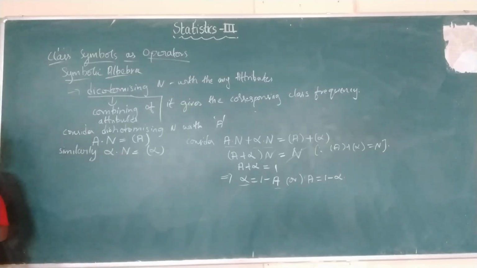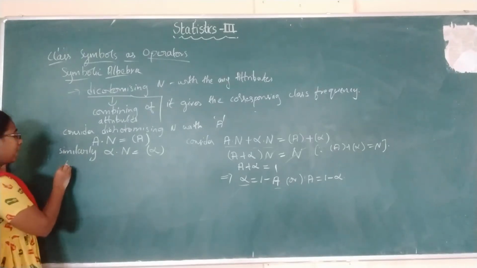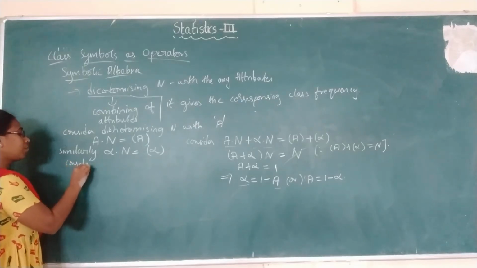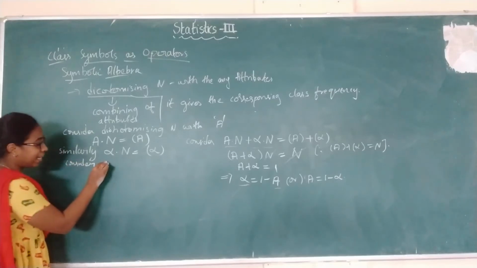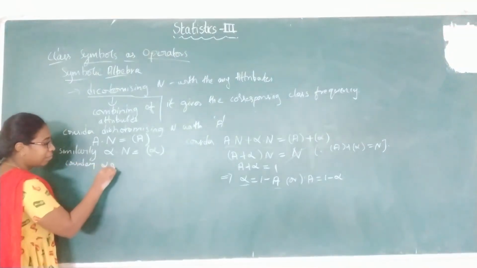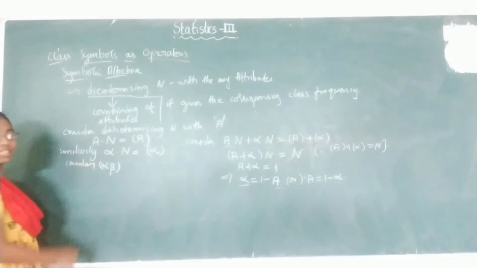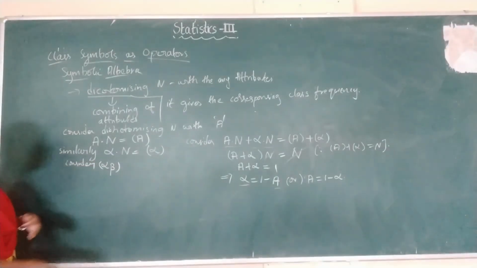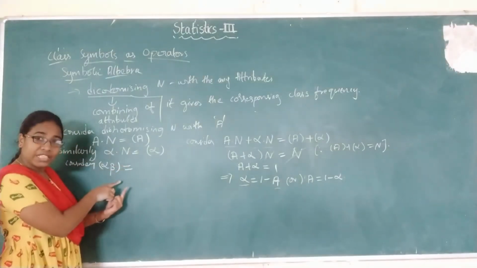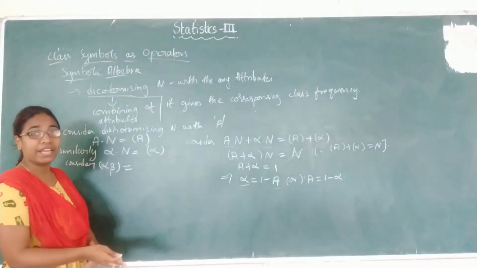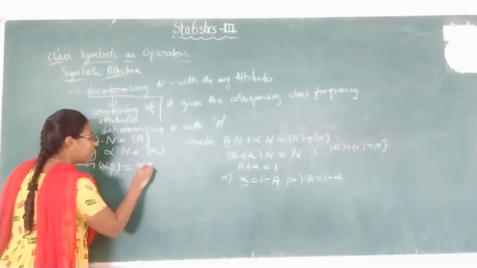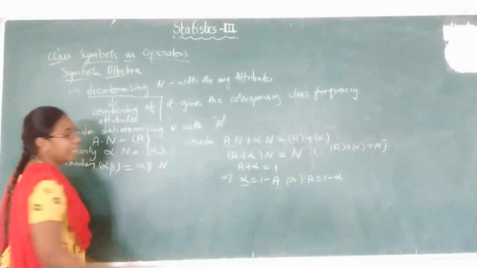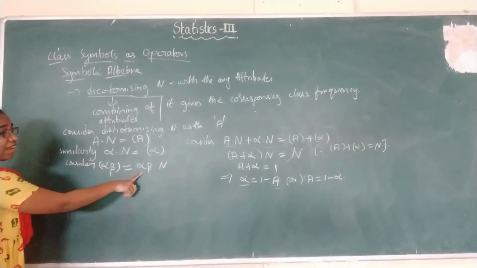Suppose I consider a class frequency of second order, where I take a negative class, alpha, beta. So how can you write the class frequency here in terms of N? That is by using dichotomizing. You can write alpha, beta into capital N. What is alpha?